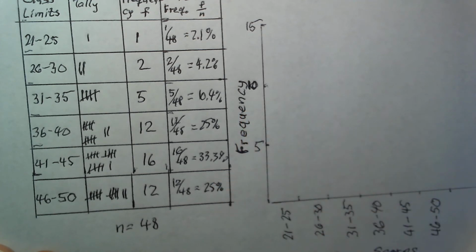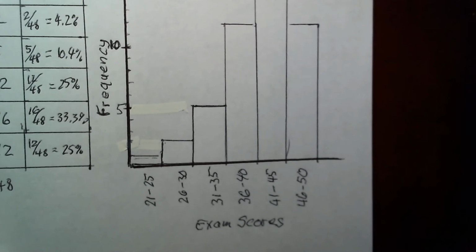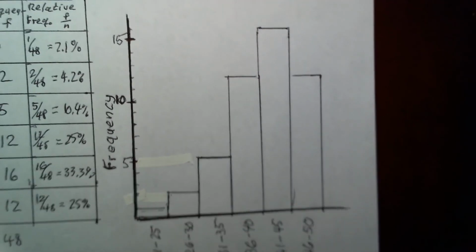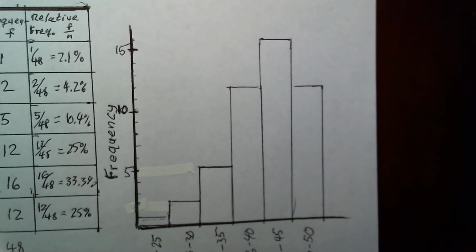And now we're going to construct the histogram. So here's our completed histogram with the horizontal axis indicating the exam scores and their classes. And then on the vertical axis, we have the frequency. And so the bars, the histogram, gives you a visual presentation of what was in the frequency table and the relative frequencies as well.